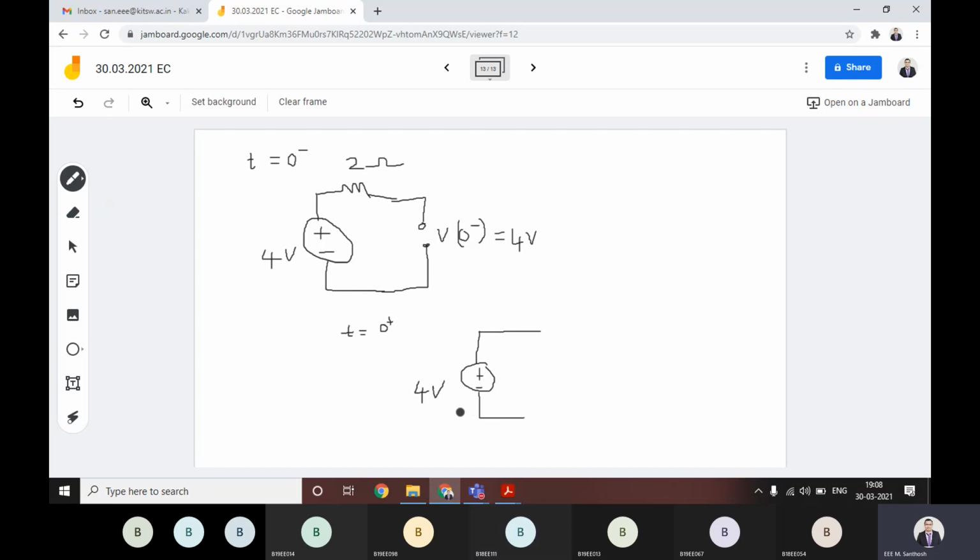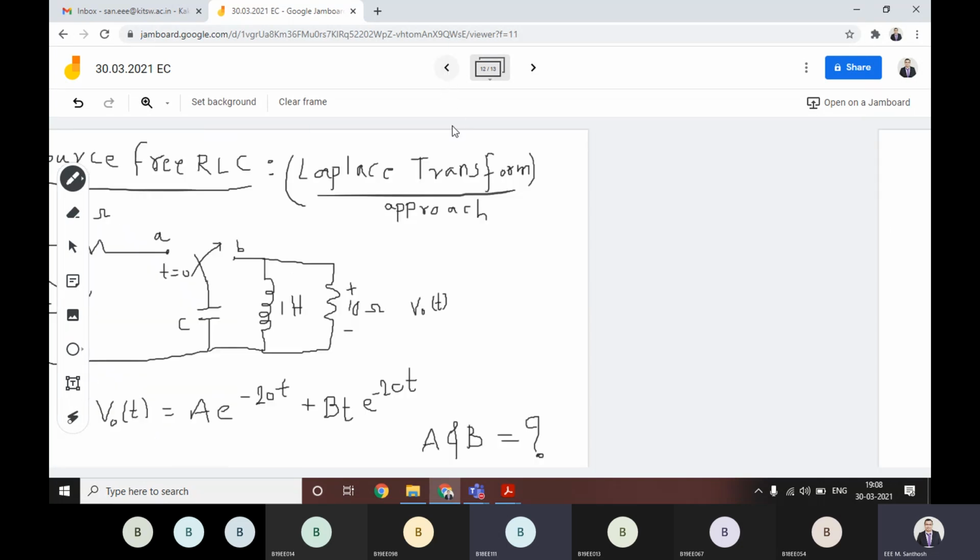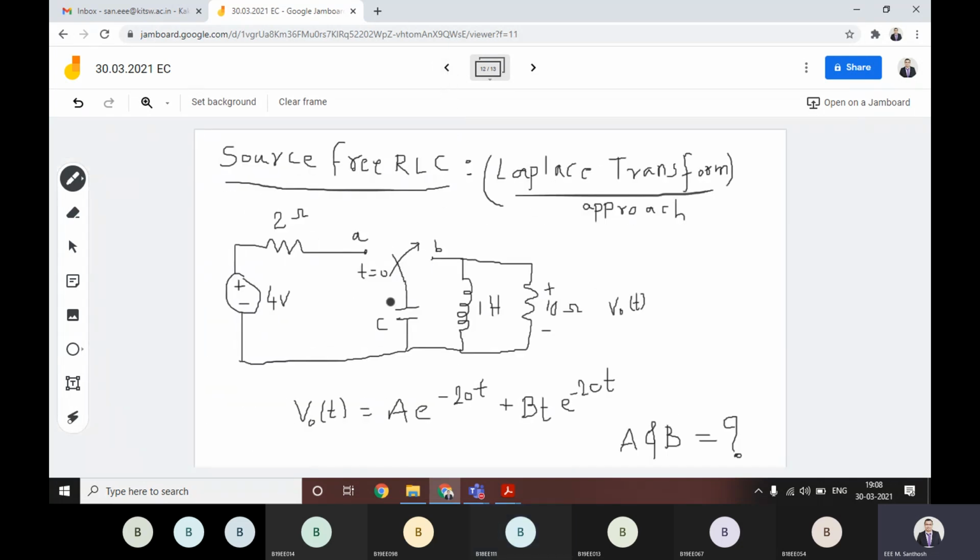Simply, tell me, point B and capacitor connected. If you connect this one, the source will be removed, right? Is that so?